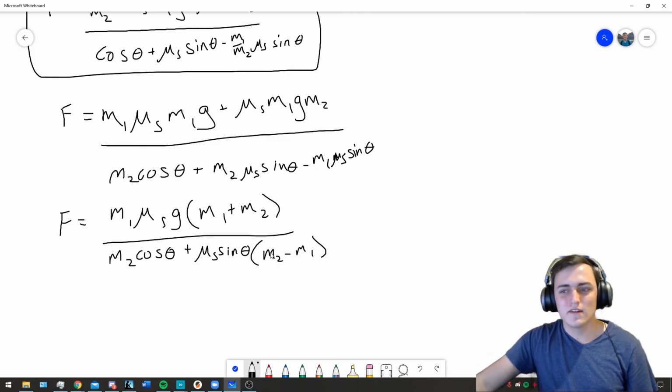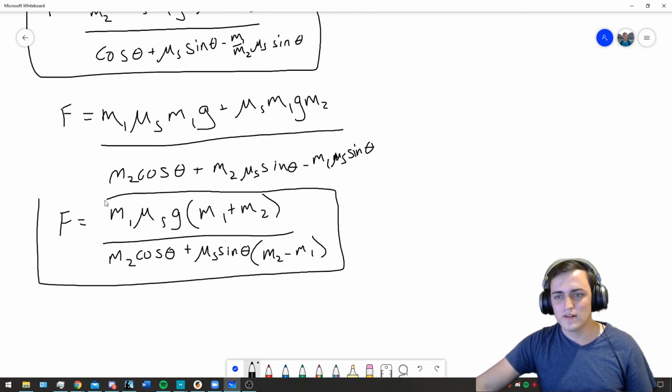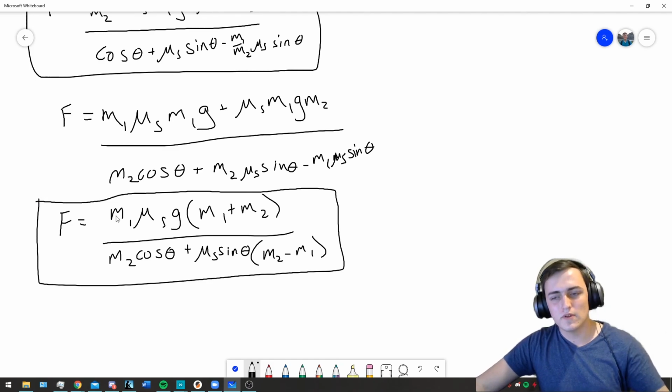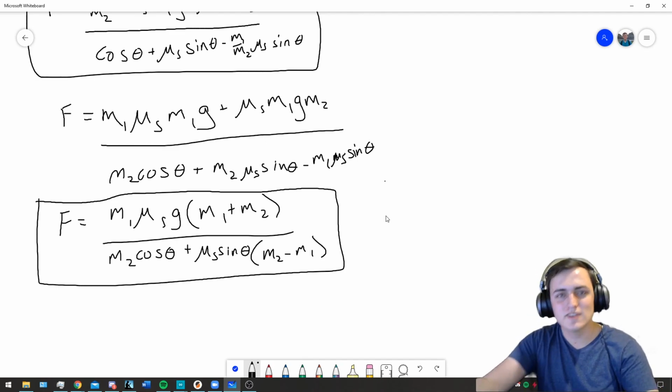They flip it and turn this positive into a negative. That's not what I would see as simpler. I see this as simpler, but the m1 plus m2 term would be better. But this is a very good final answer. If you can get this far, then you will be doing quite well on this problem. But this is the correct result. And if you get this, you know you did it right.